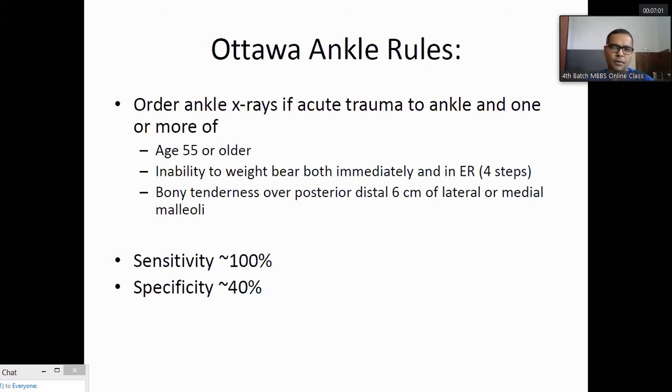Ottawa ankle rules. What are these? Ottawa has given some criteria saying who all needs an X-ray. All ankle injuries do not require an X-ray.